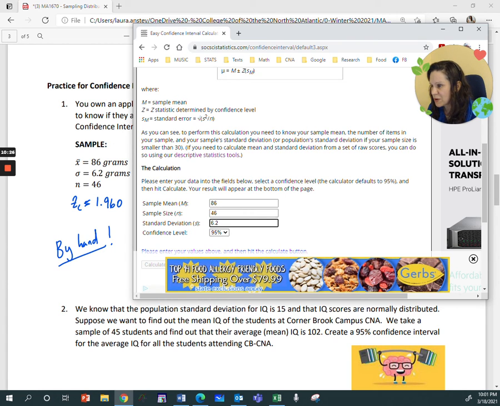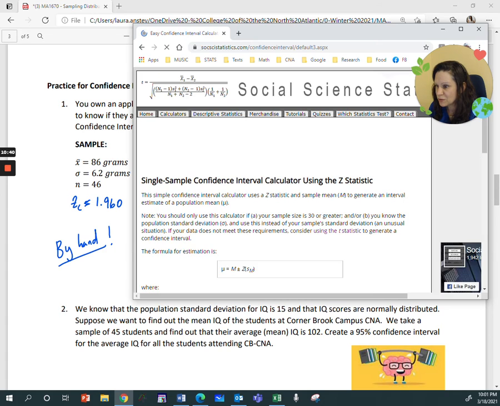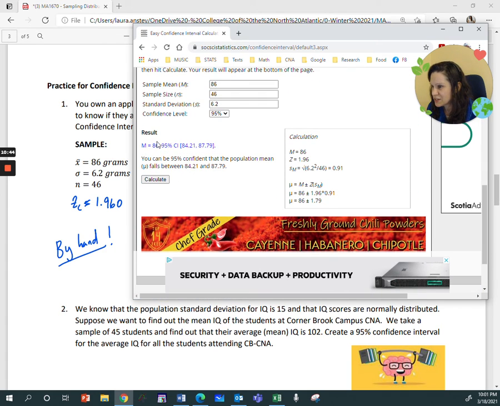Confidence level, what did we want? We wanted 95%. The only thing that's unfortunate about this one is it only gives you 80, 90, 95, and 99. But those are the most common ones anyway. Calculate. Let's scroll down. It tells us this is how it sets it up.